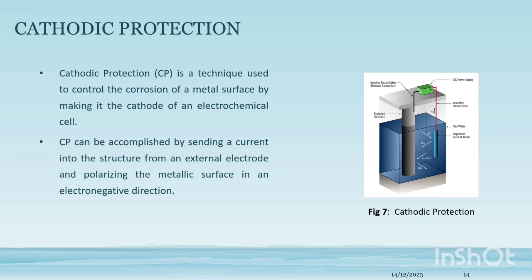Now, cathodic protection. Cathodic protection is a technique used to control the corrosion of a metal surface by making it the cathode of an electrochemical cell. Cathodic protection can be accomplished by sending a current into the structure from an external electrode and polarizing the metallic surface in an electronegative direction.